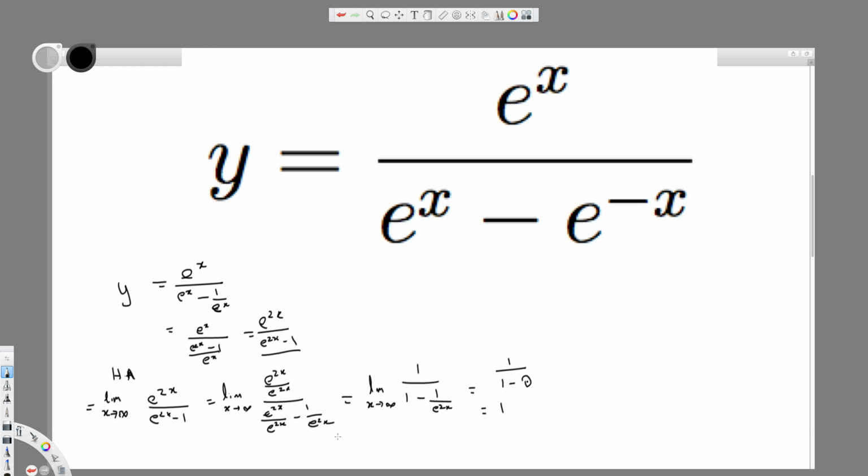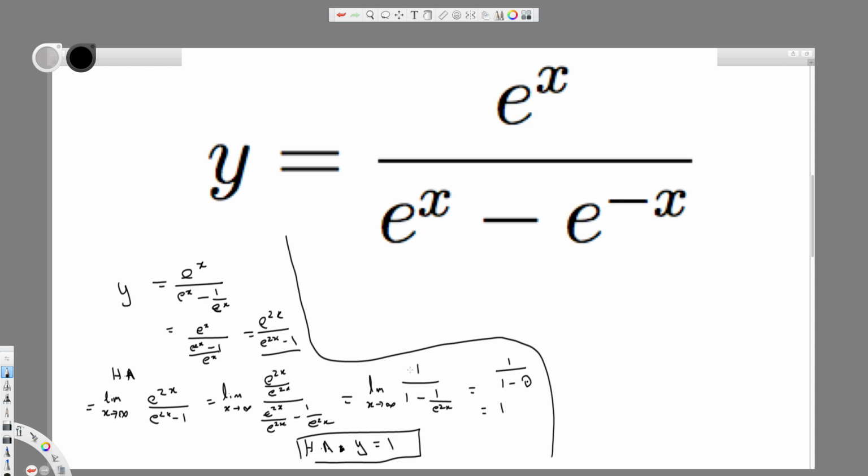So we have found the horizontal asymptote is 1. We calculated this from the positive side, since infinity is positive. So we have one horizontal asymptote, y is equal to 1, but we have to check whether we have another one.